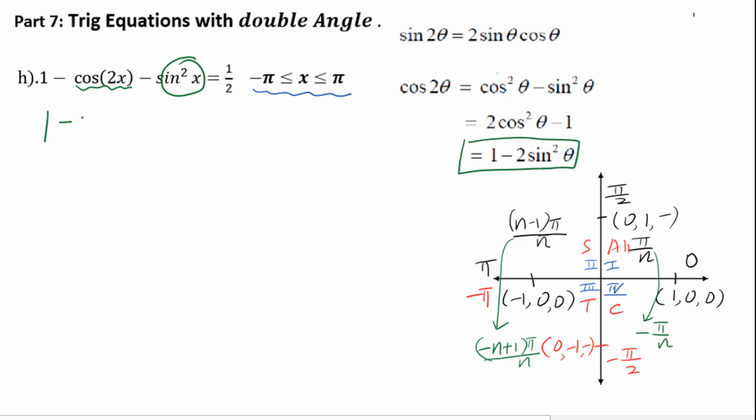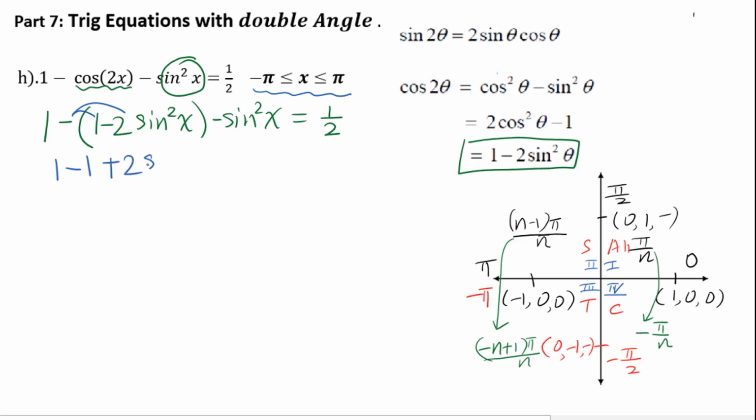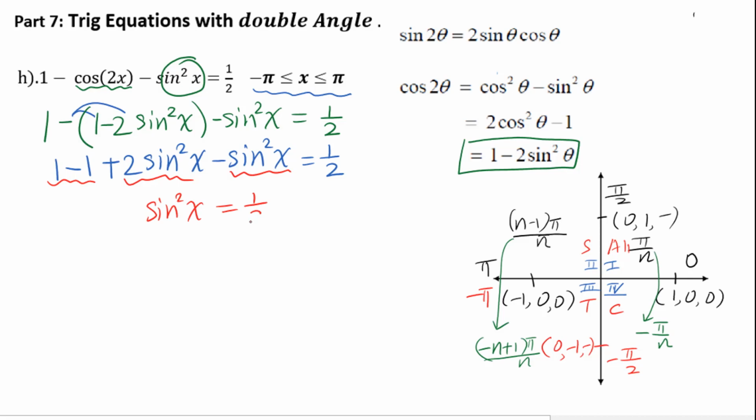You will get 1 minus parentheses 1 minus 2 sine square x minus sine square x equals 1/2. Due to the distributive property, you will get 1 minus 1 plus 2 sine square x minus sine square x equals 1/2. Combine like terms. This is 0. And combine these two, you will get sine square x equals 1/2.